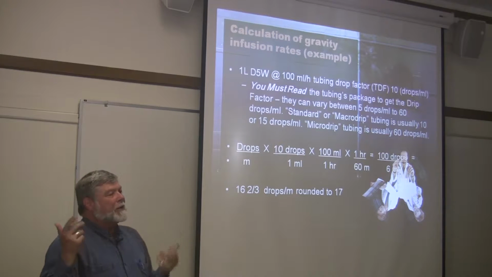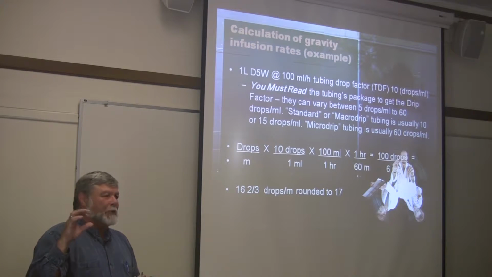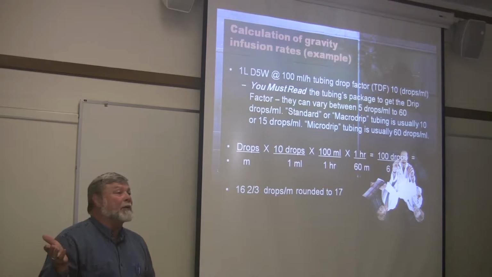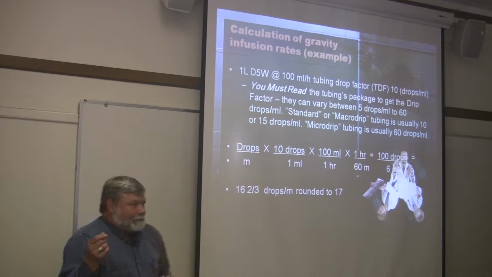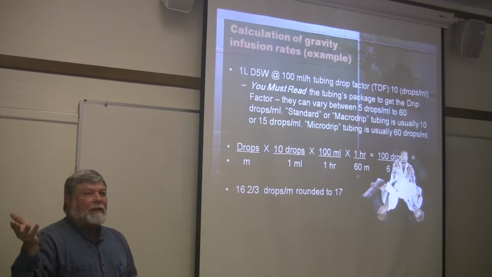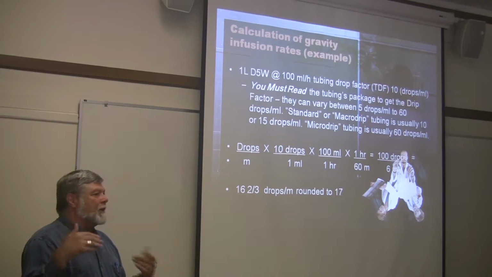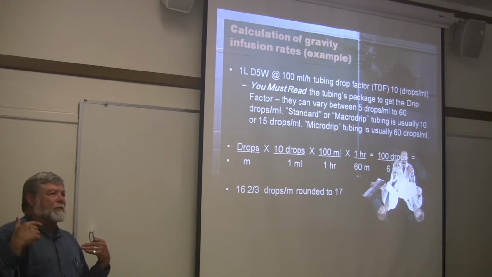But basically, you're going to count. If it's a micro drip tubing, which you might use in neonates or pediatrics, or in the ICU or ED if you have somebody who's on like amiodarone or a drug that is really cardioactive, you're going to use a microdrip because it's 60 drops for 1 ml.